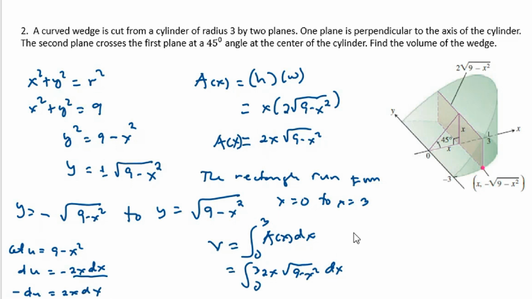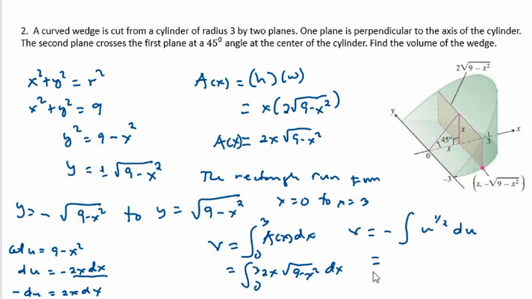So, continuation in this part. We have V is equal to the negative of the integral of u raised to 1 half, and 2x dx is our du. We have a coefficient factor of negative 1, so I write it outside.